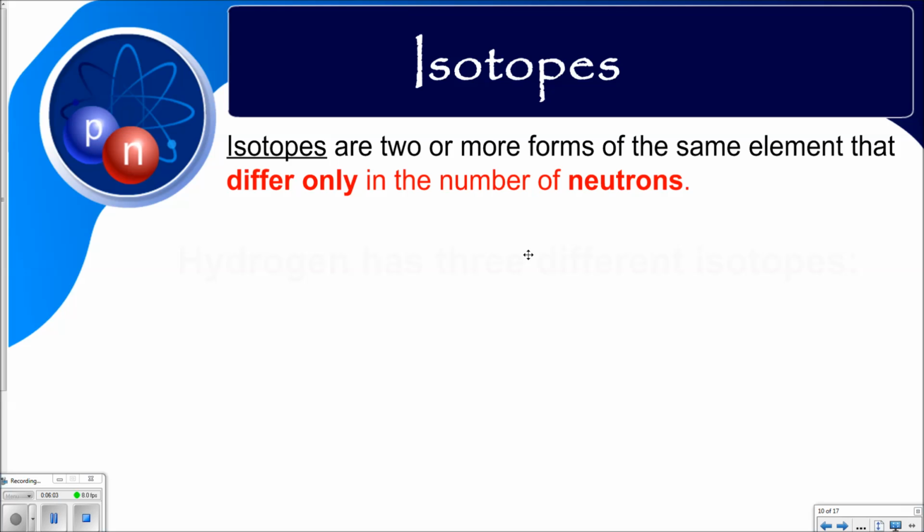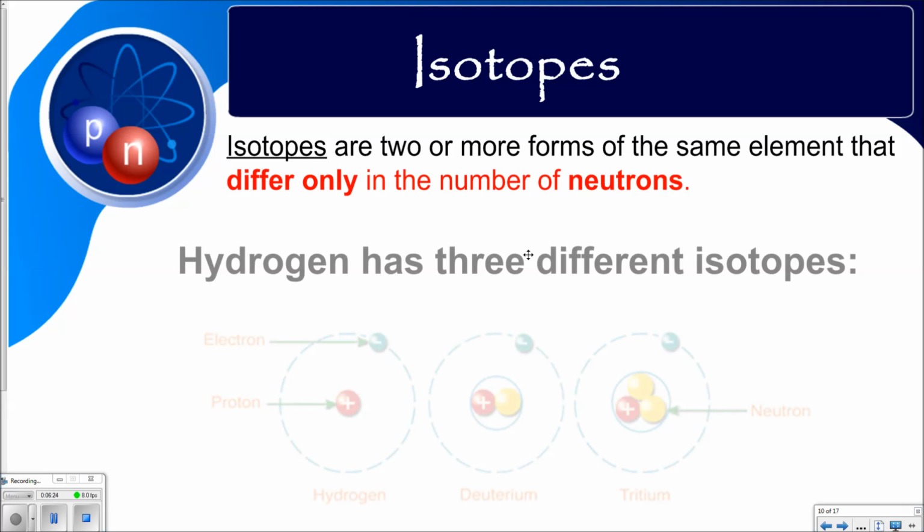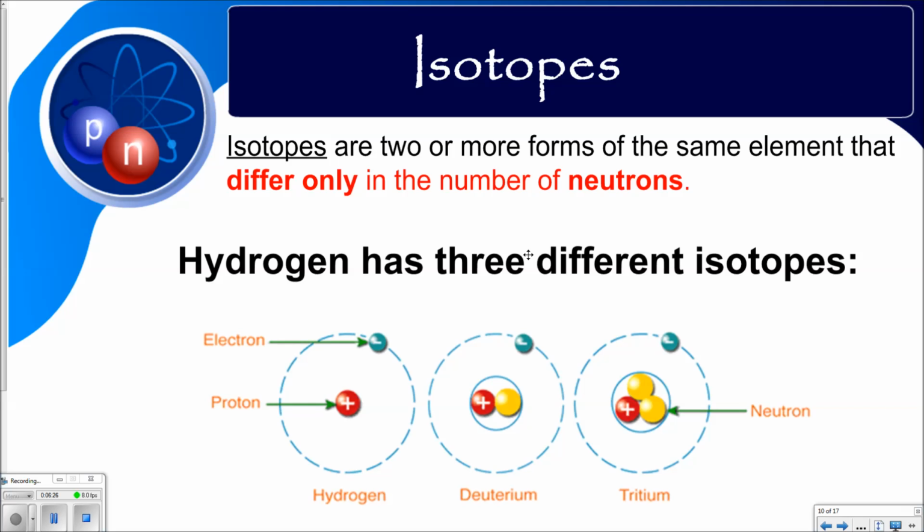There's also something called an isotope. So isotopes are 2 or more forms of the same element, but what's different is the number of neutrons. So ions differ in the number of electrons, where neutrons are going to be different in isotopes. Hydrogen, for example, has 3 different isotopes.